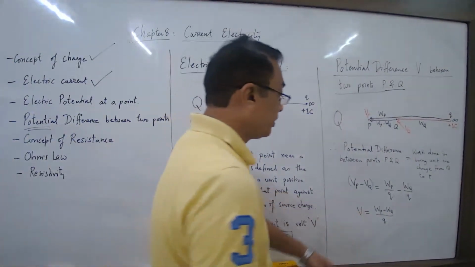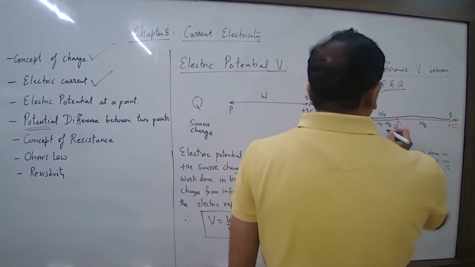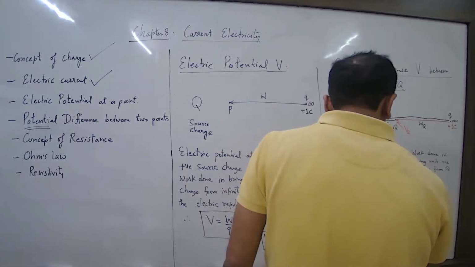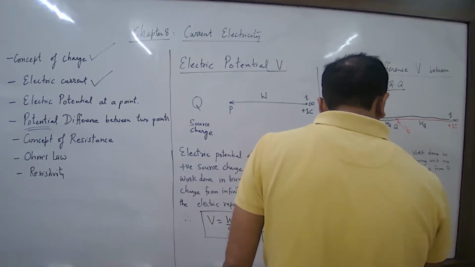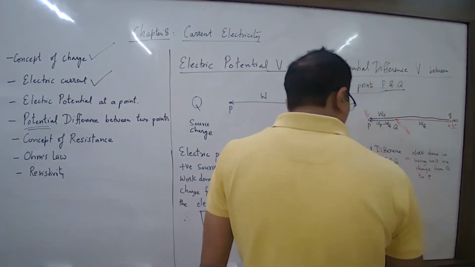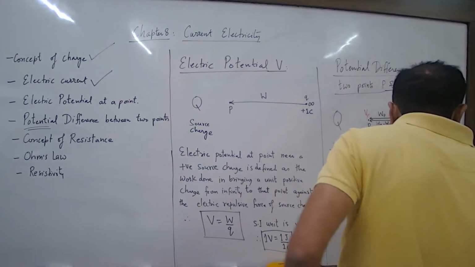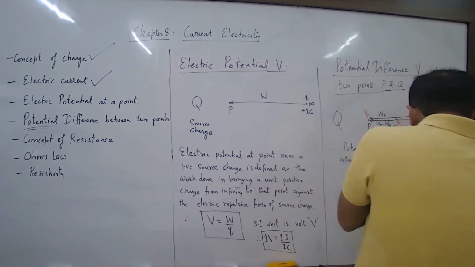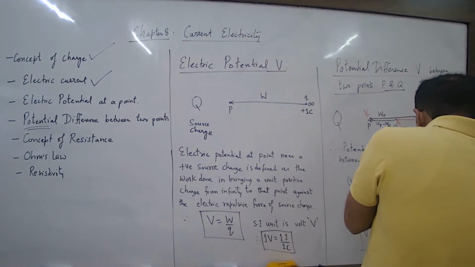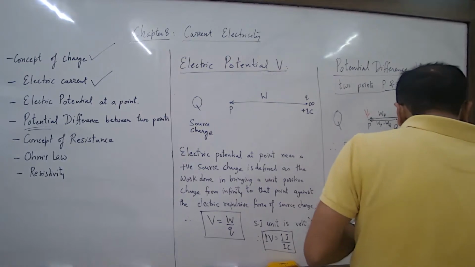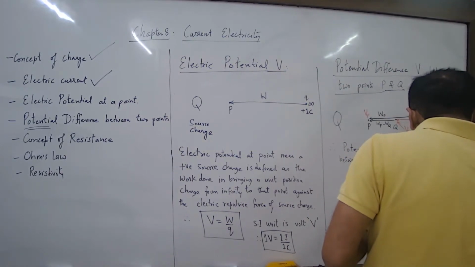And now WP minus WQ is the work done. Understood? So here V is the potential difference between point P and Q, and W is WP minus WQ.